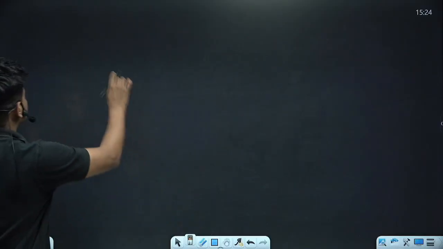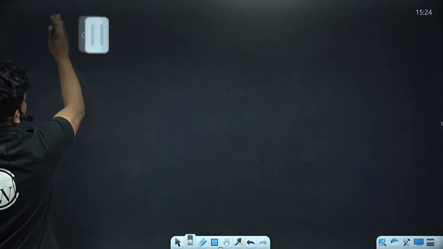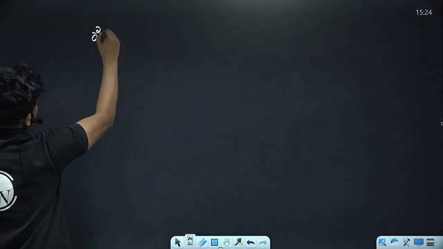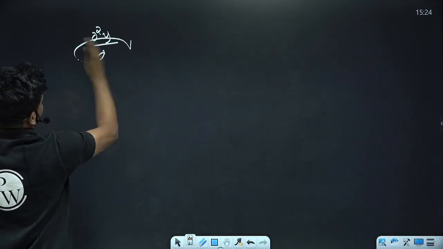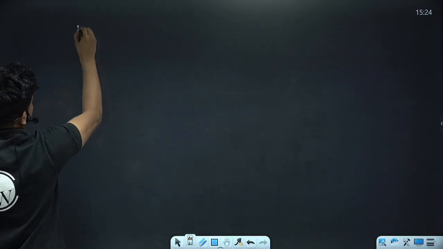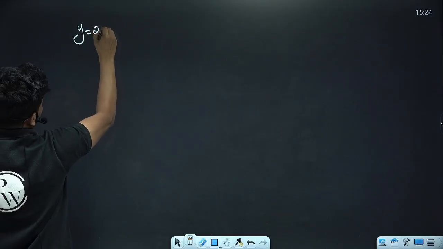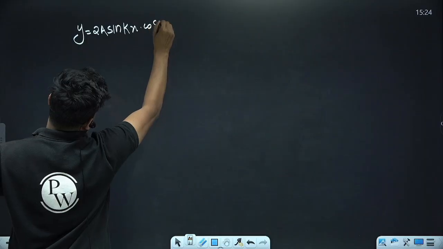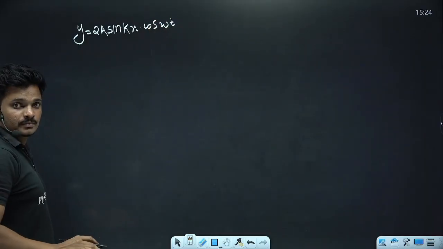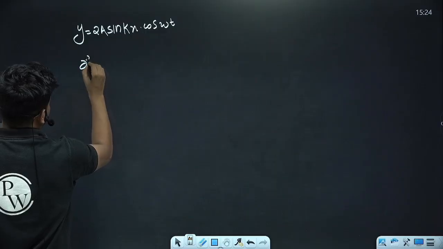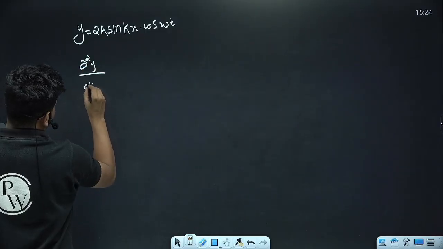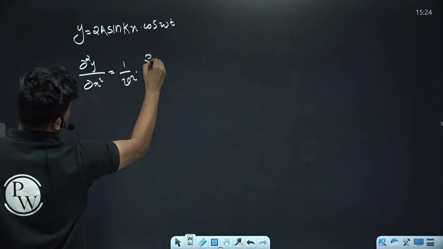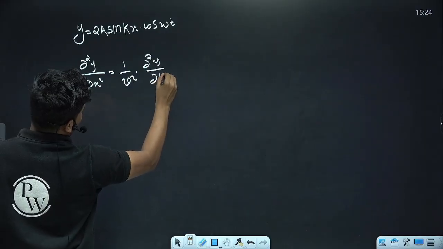Our displacement equation is y is equal to 2a sin kx into cos omega t. I am going to check the linear differential equation: d square y by dx square is equal to 1 by v square into d square y by dt square.